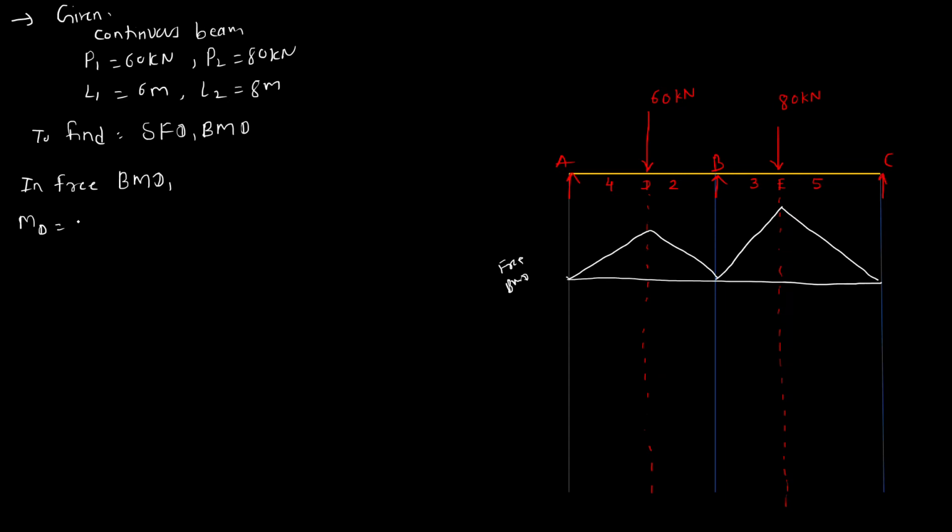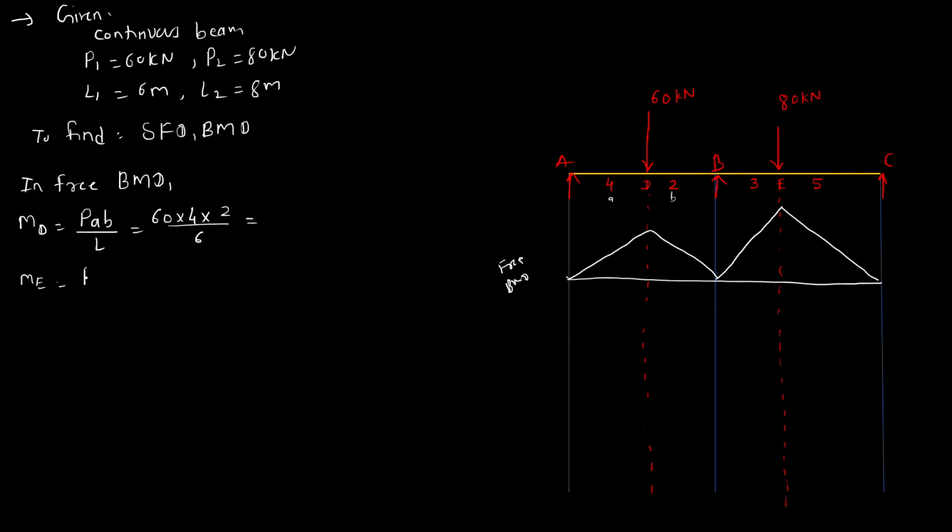So moment at point D, for a point load, is PAB by L. So 60 into 4 into 2 by L, where A is 4 and B is 2 in this case, and L is A plus B, that is 6.